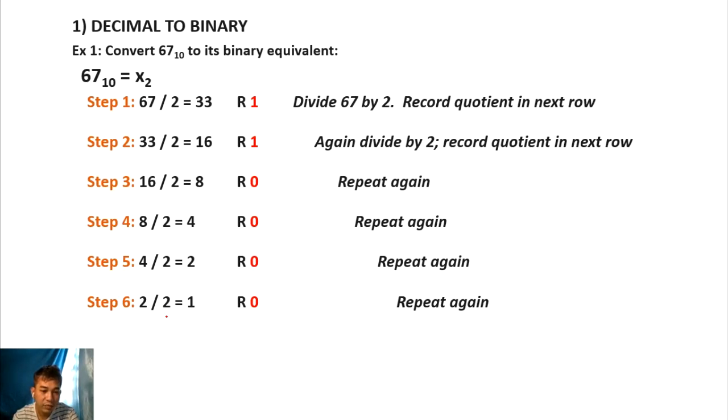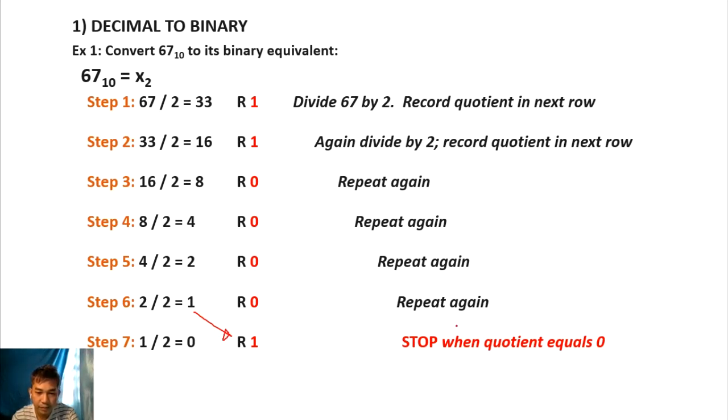Still, do the same process. 1 divided by 2, ang magiging result niya is 0.5, right? So in this case, since mas maliit na yung numerator kaysa sa denominator, all you just have to do is to carry the previous quotient as the remainder. Okay, then stop. Ayun.